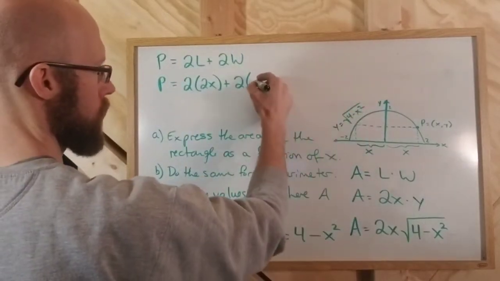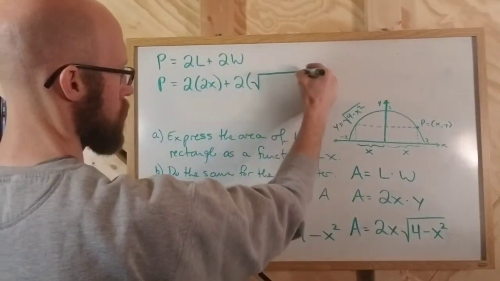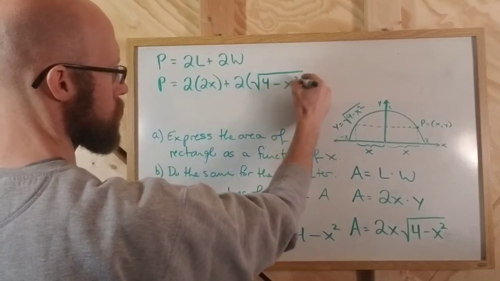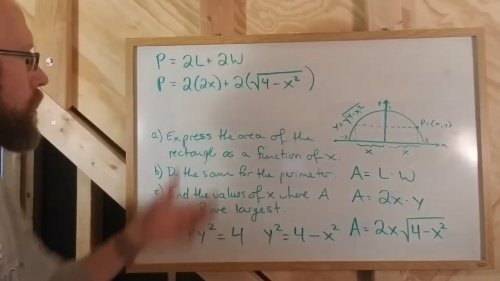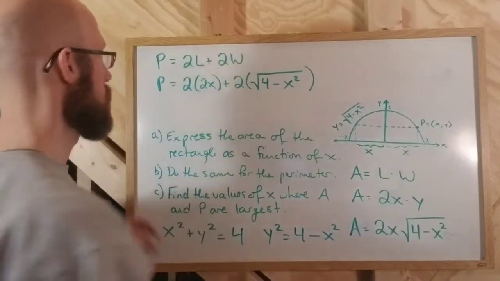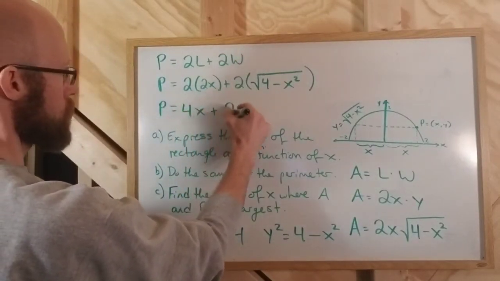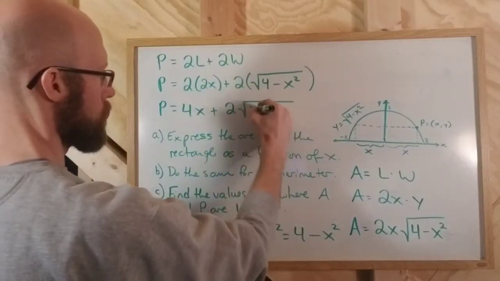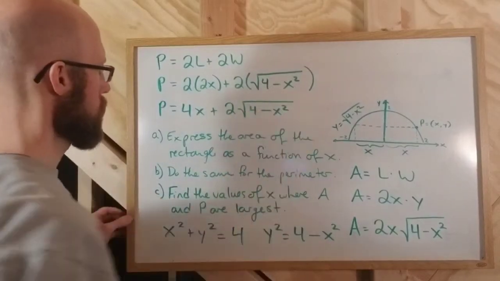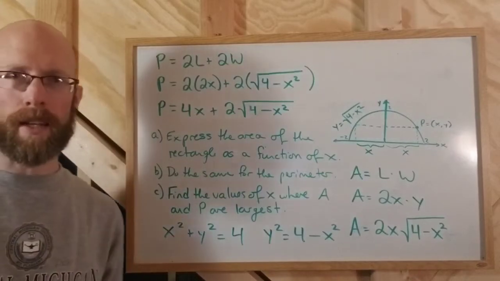That's the function value. So that's the square root of 4 minus x squared. Now I could just simplify that a little bit. Perimeter would be 4x plus 2 times the square root of 4 minus x squared. That's about as good as we can get on that one.